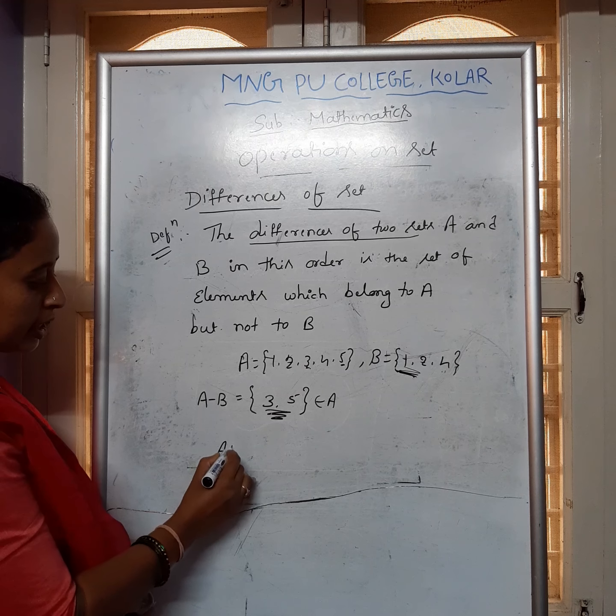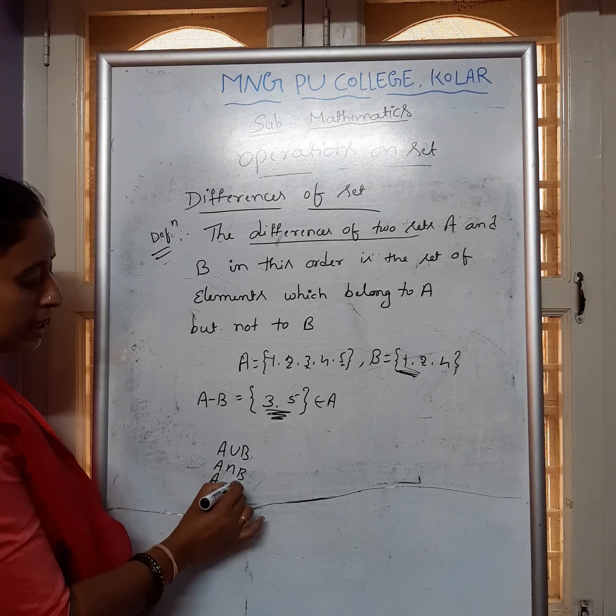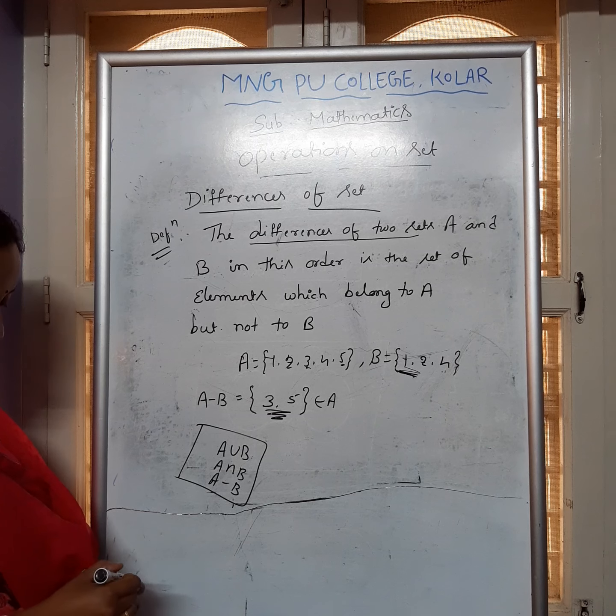That is A union B, A intersection B, A minus B. This is very important.